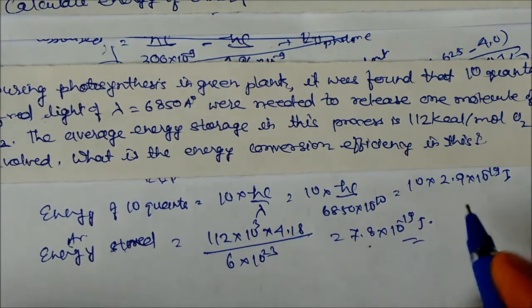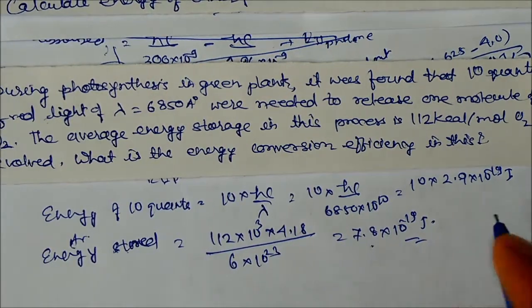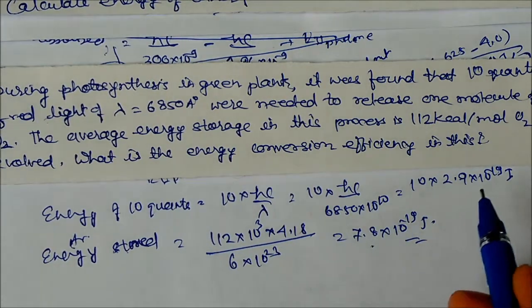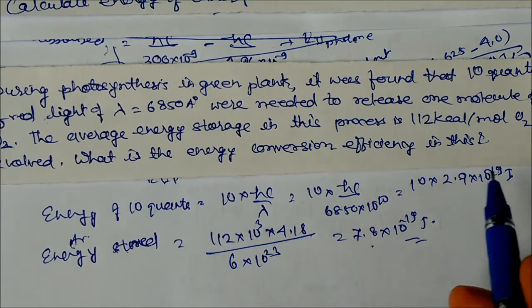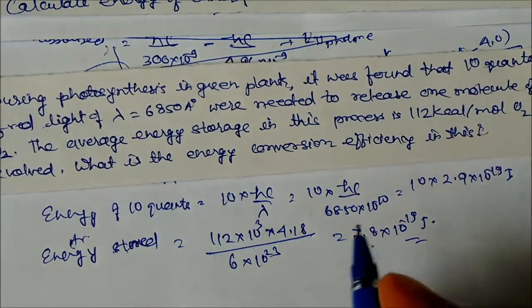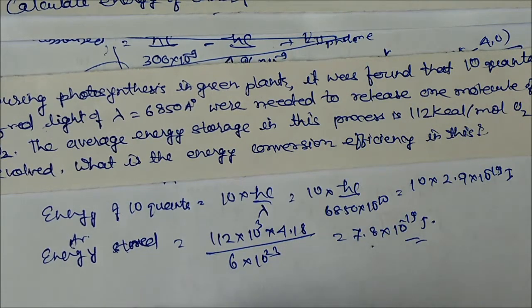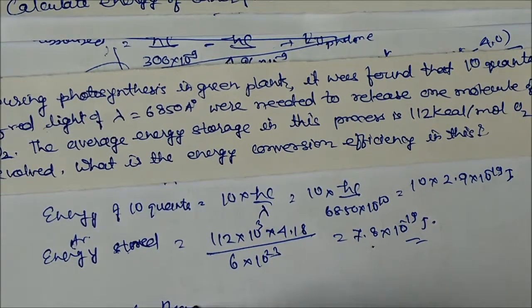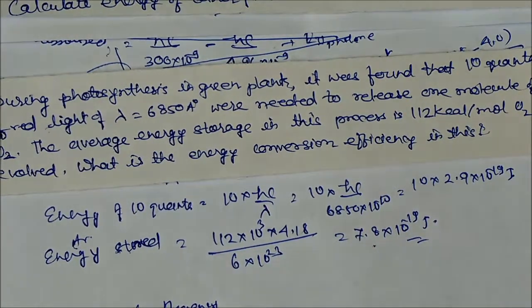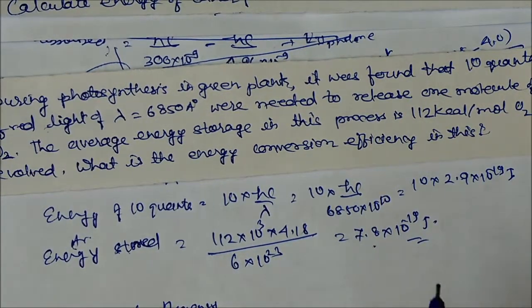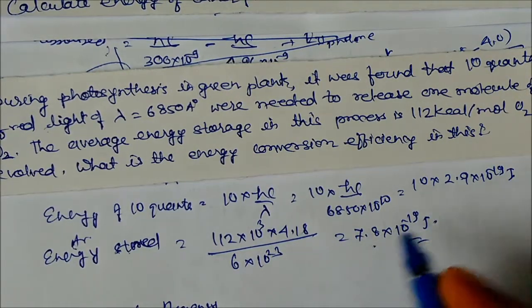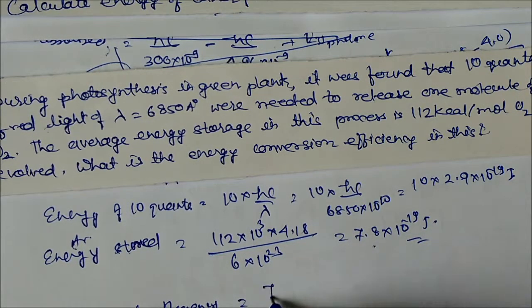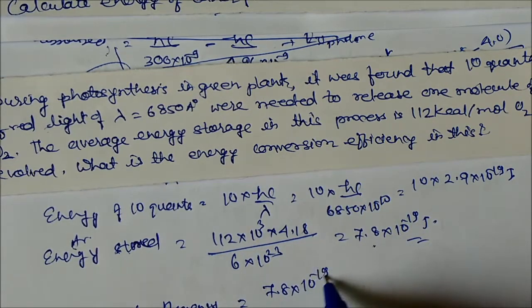So this much energy is stored, and this much energy is required. Total energy, how much? On solving, the percentage efficiency will be 7.8 into 10 power minus 19 divided by 29 into 10 power minus 19, multiplied by 100.